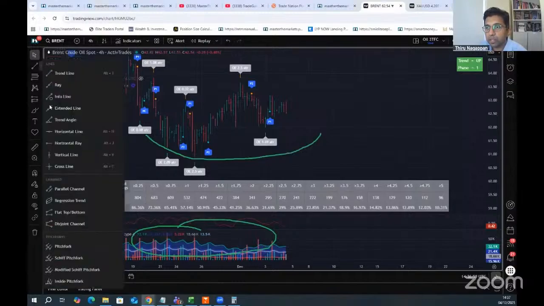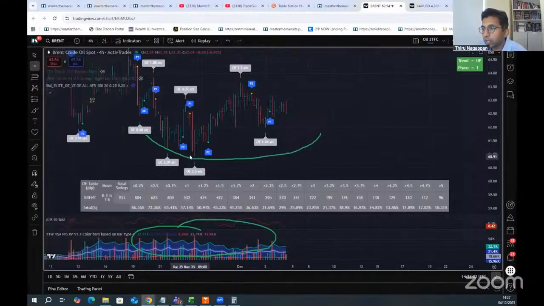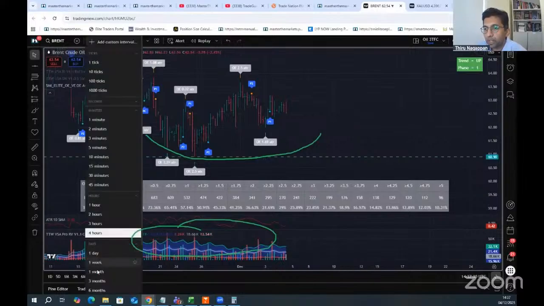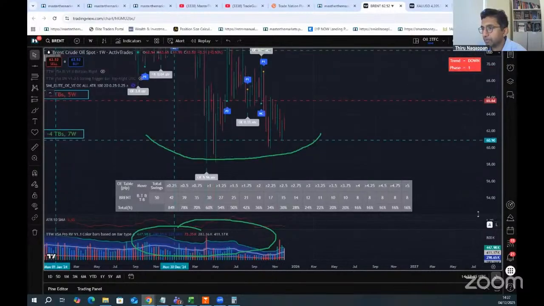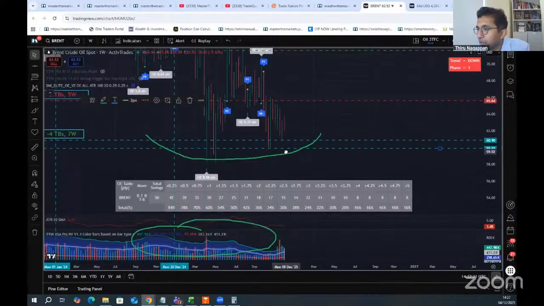I'm going to mark this level over here, and I'm going to correlate that with the weekly. Is that the same bottom we are looking at over here? And that was on the monthly as well, which was supporting.